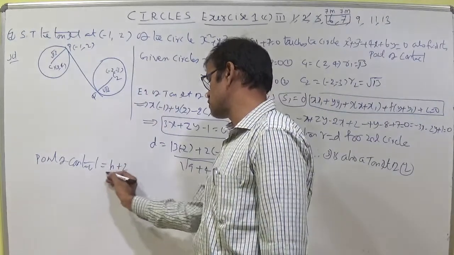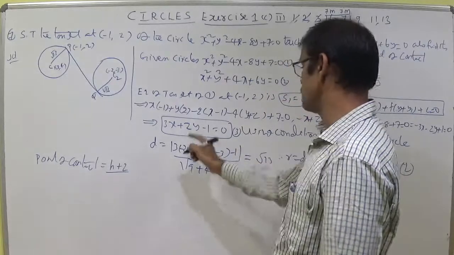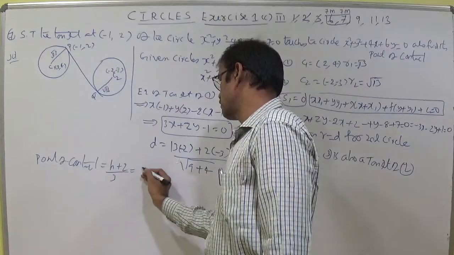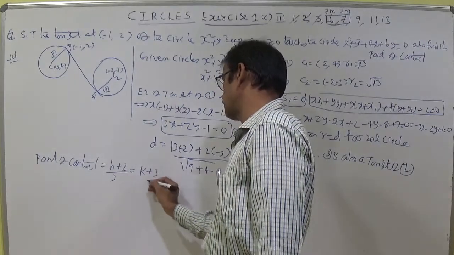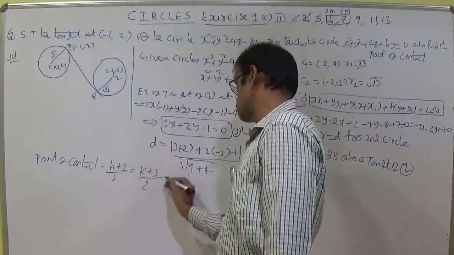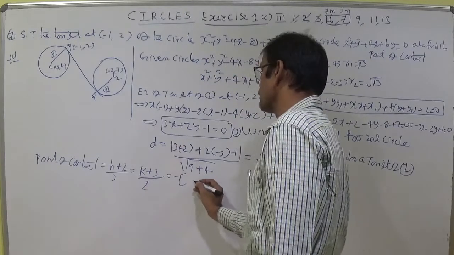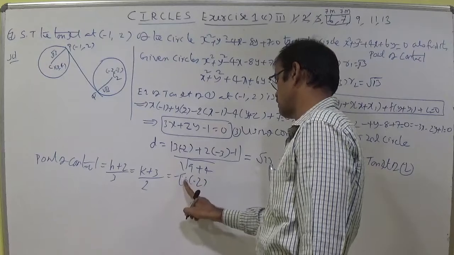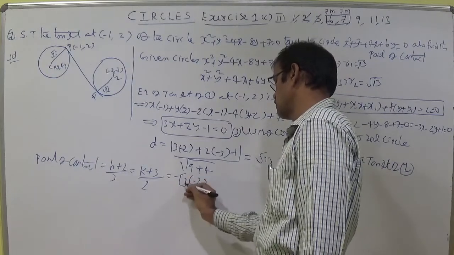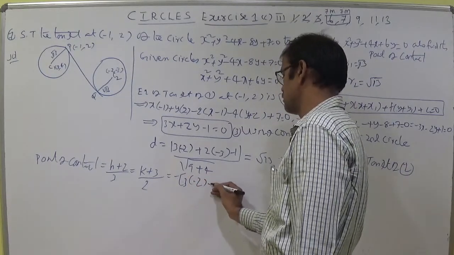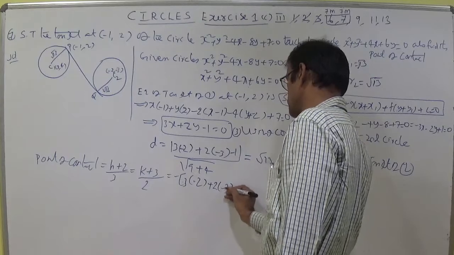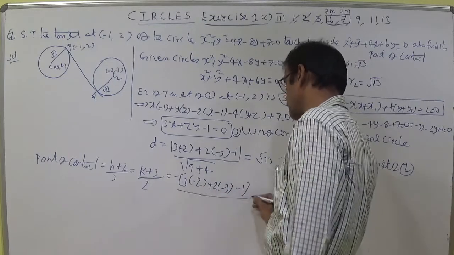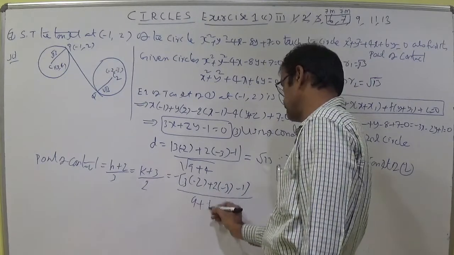So (h + 2)/3 = (k + 3)/2 = -(3 into -2 plus 2 into -3 minus 1) over 9 plus 4.